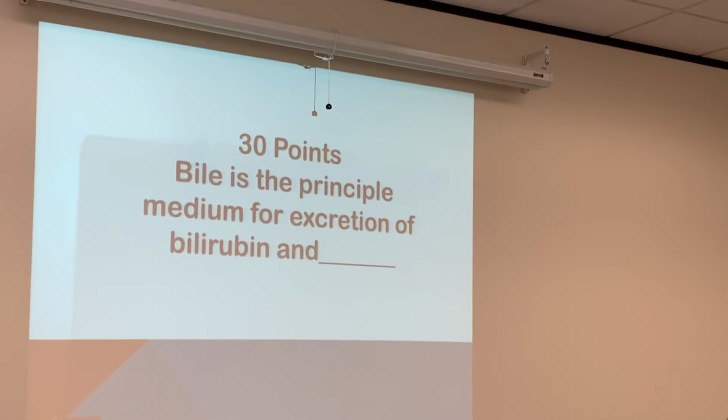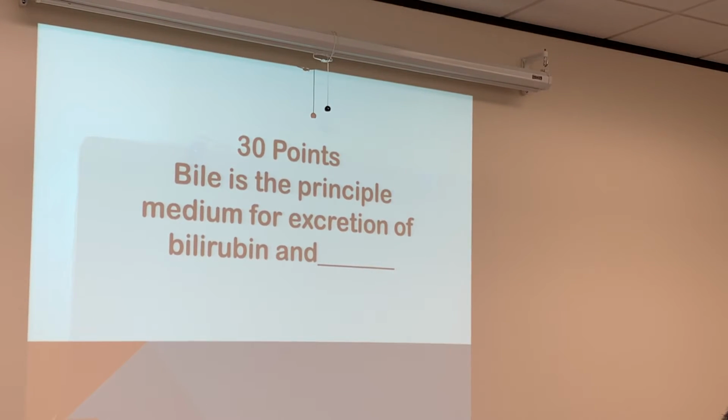Bile is the principal medium for excretion of bilirubin and albumin. I don't know the answer to that. He's so honest. What is it? Bile? Because bilirubin's going to be in the bile.